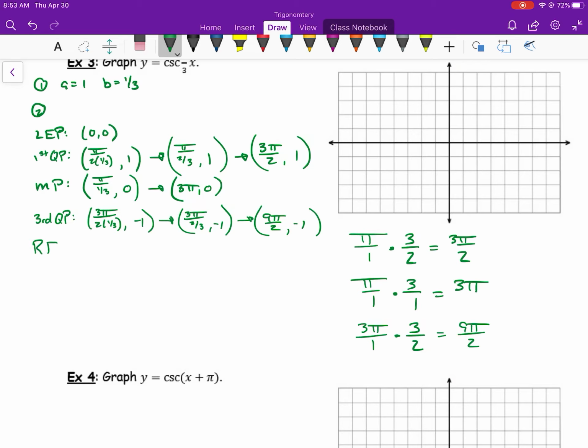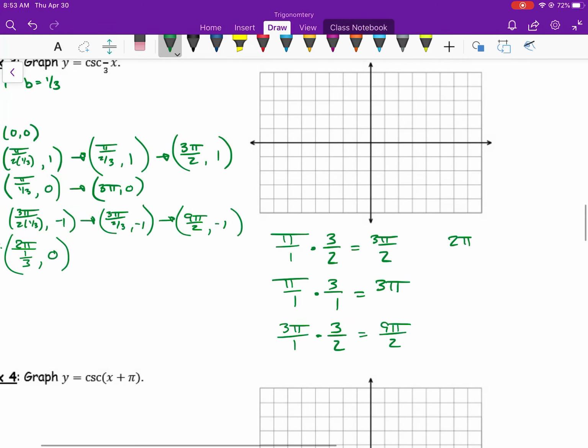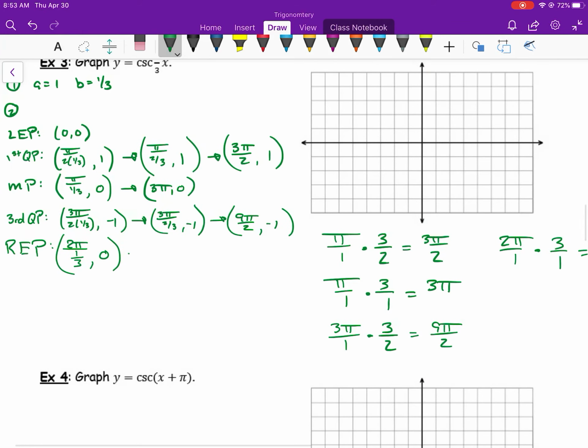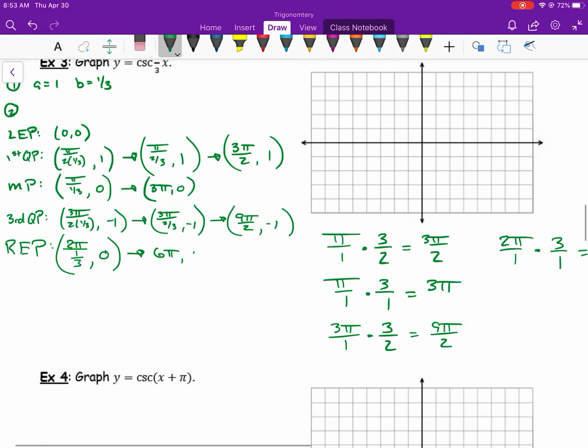And then my right endpoint is 2 pi over b, so over 1/3, 0. So I'm going to get 2 pi over 1 times 3 over 1, which gives me 6 pi, and 0.